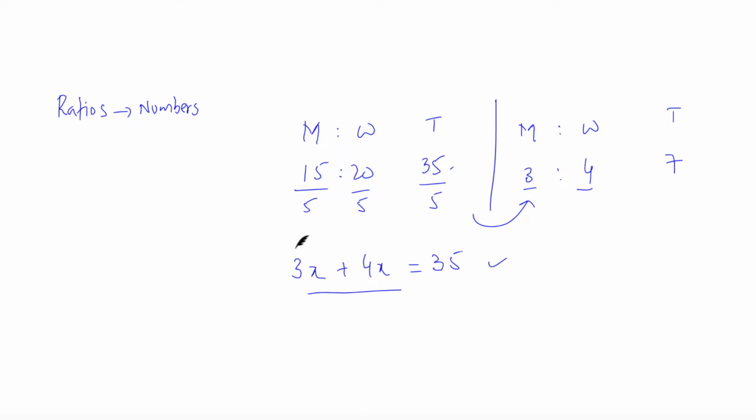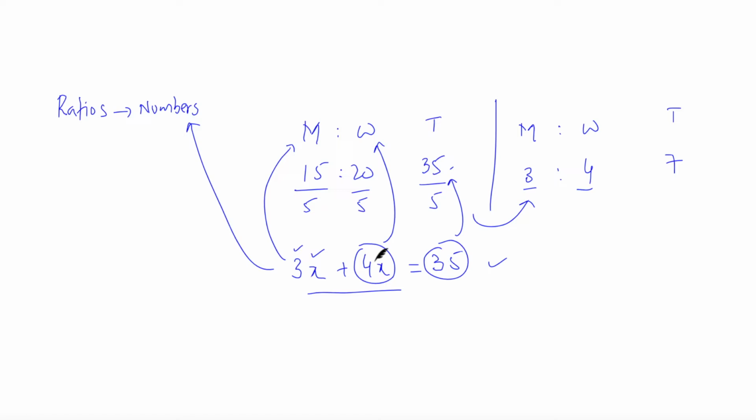Whenever you multiply a ratio with a constant, it becomes an exact number. It does not remain a ratio anymore. And you can see from this 35 that I am talking about the exact number of people. So 4x should represent the exact number of women and 3x is representing the exact number of men.